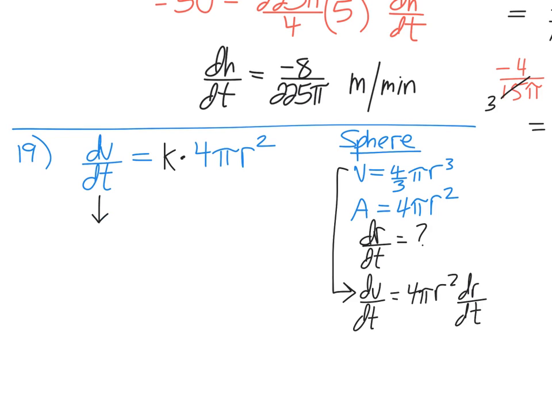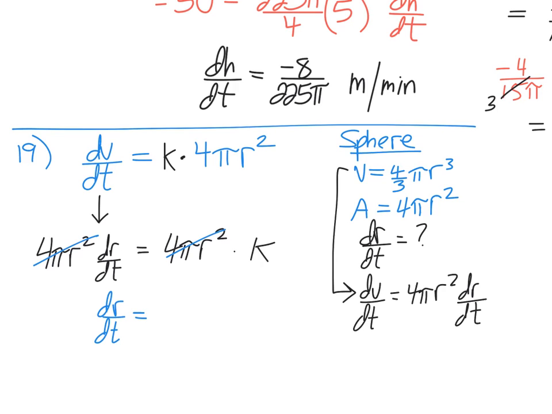So now I could do a substitution. We get a cancellation of pretty much everything. It's like all gone. And we get dr dt equals k.